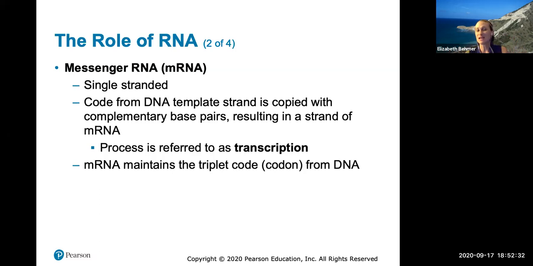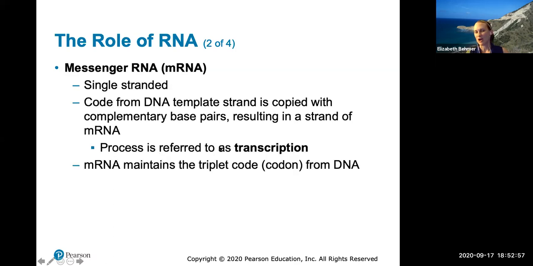So we know that DNA has the genetic blueprint for proteins. Well, in order to turn that genetic blueprint into RNA, we have to go through a process called transcription. Your messenger RNA will maintain the same triplet code or codon from DNA that had 3 base pairs for every amino acid.